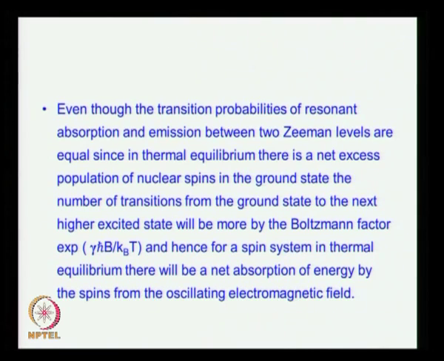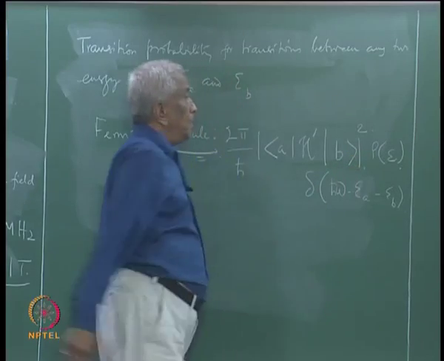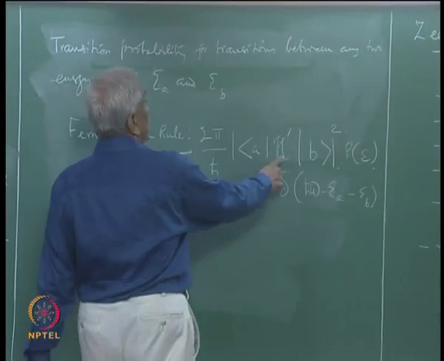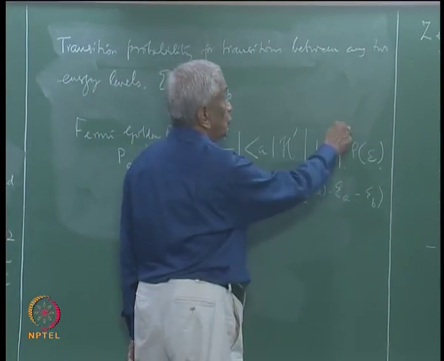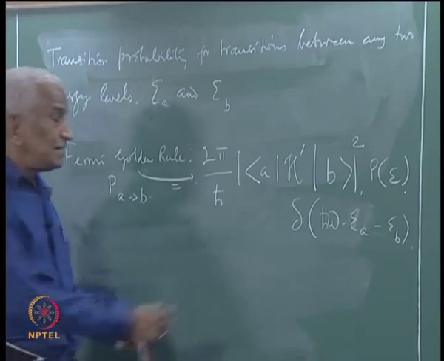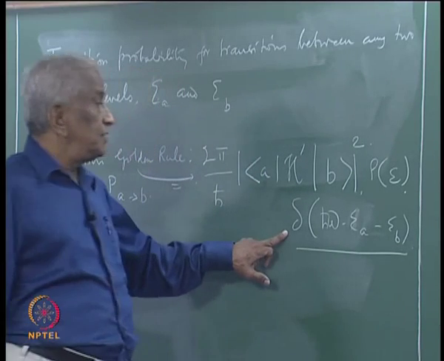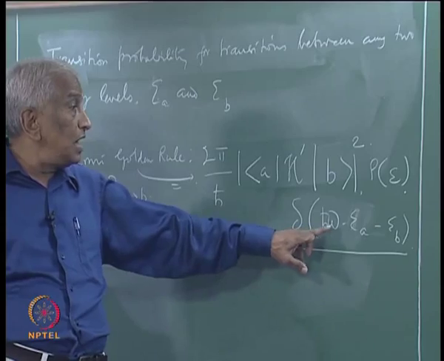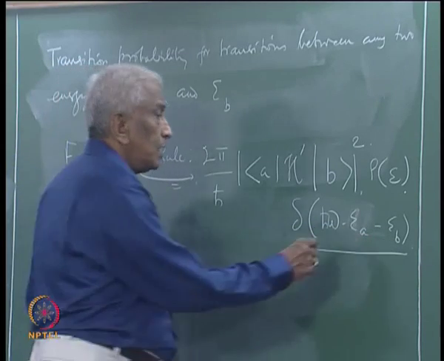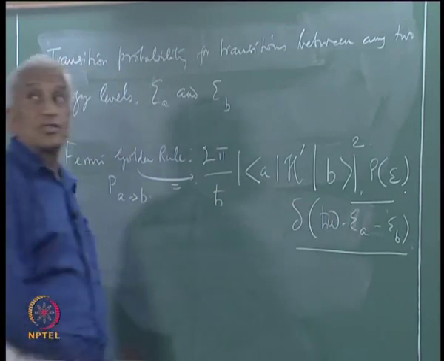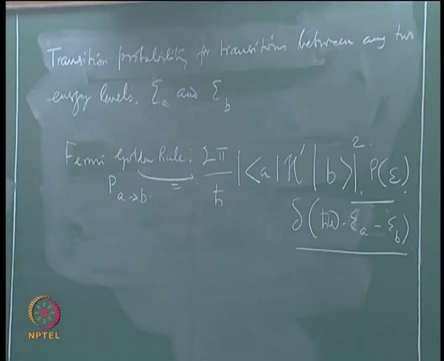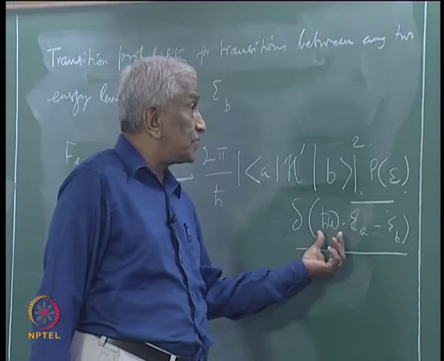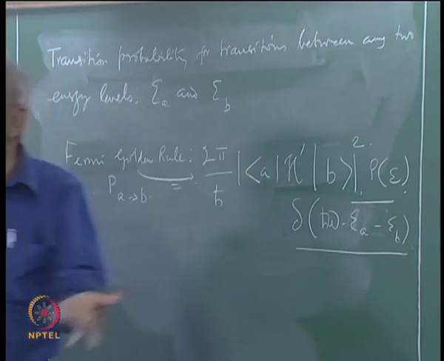So, this is the transition moment, the matrix element of the perturbing Hamiltonian between the two states, its modulus square, and this delta function is 1 only when EA minus EB is equal to h cross omega. That ensures the resonance process, that when the energy difference is exactly matched by h cross omega, then there will be a non-zero value.